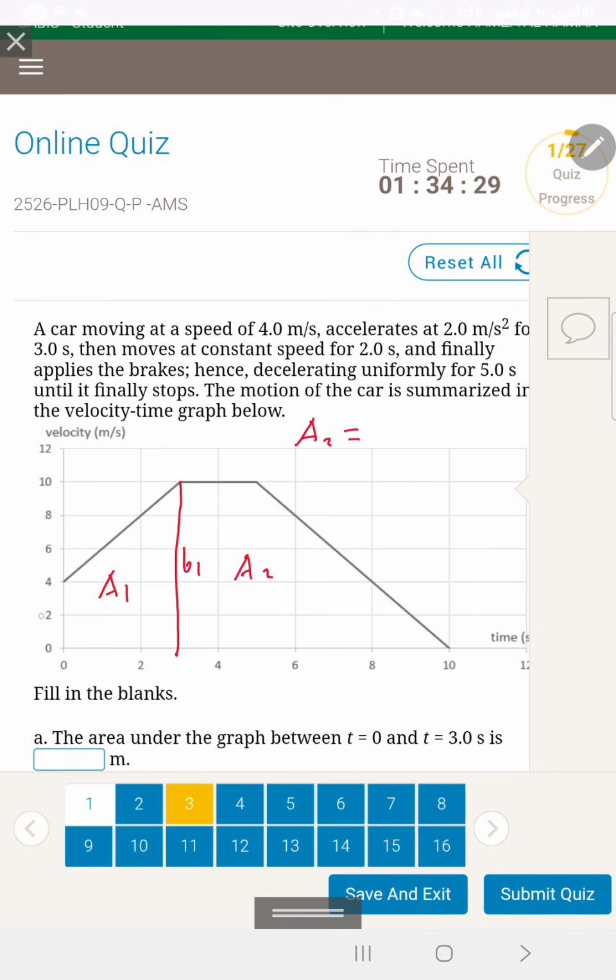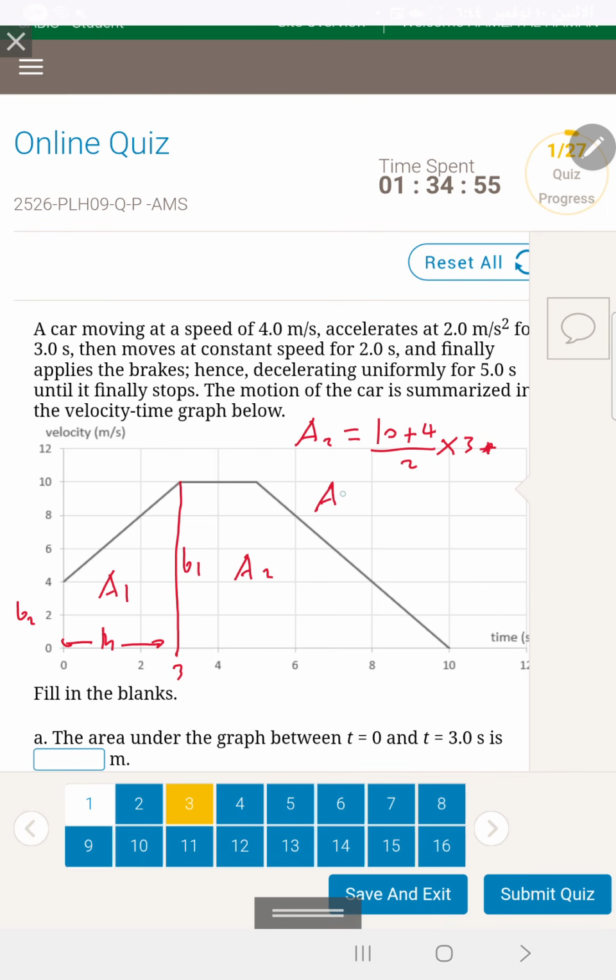This is base 1 and this is base 2. Now base 1 is 10 and base 2 is 4, over 2, times the height, which in this case is 3. So that's the height from here to here. Plus, so this is area 1, leave it here.